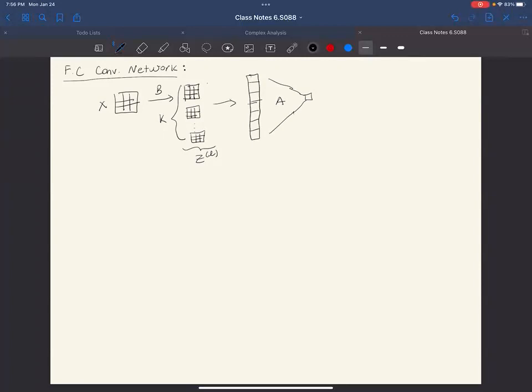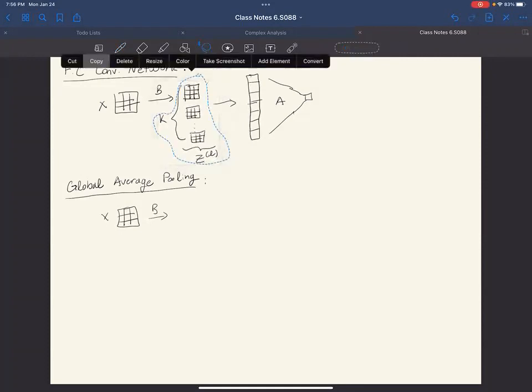Another option is to do something called global average pooling, and this was actually introduced in the paper that computed the CNTK for the first time. It's an interesting idea. Even though it doesn't look too different, all of these steps for the first part are the same, which is why I'm just copying them over.